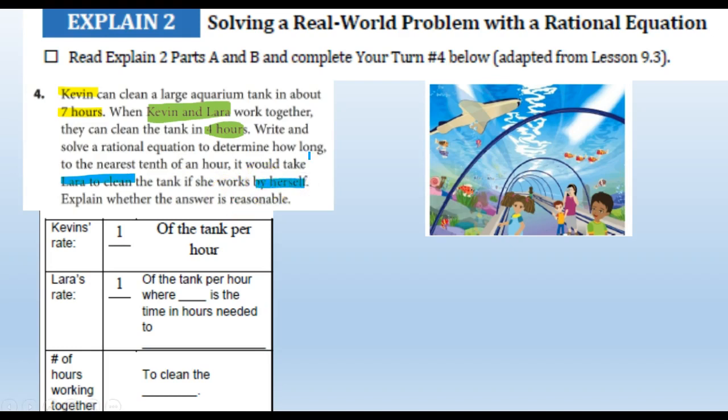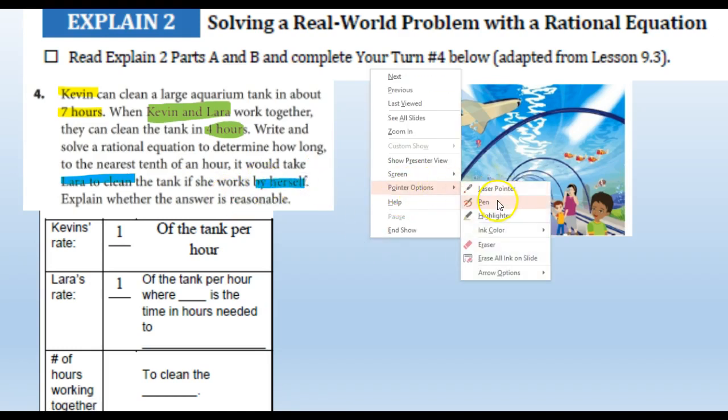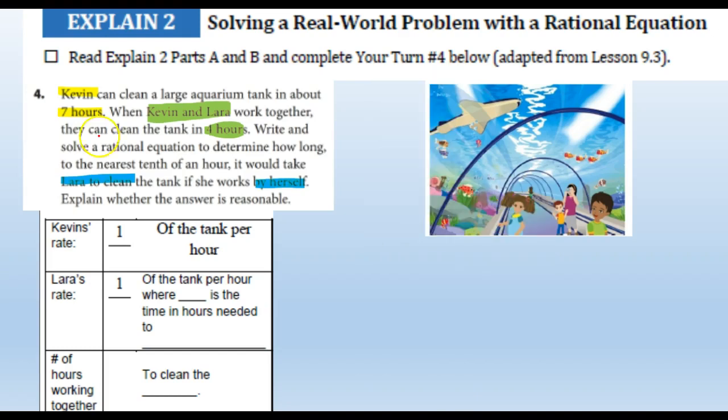Okay, so now with all that in mind, we're going to go ahead and fill some stuff out, like Kevin's rate. So Kevin can clean the tank in about 7 hours. Laura by herself, we don't know, so we're going to use a letter. Let's use T for time, why not, right?